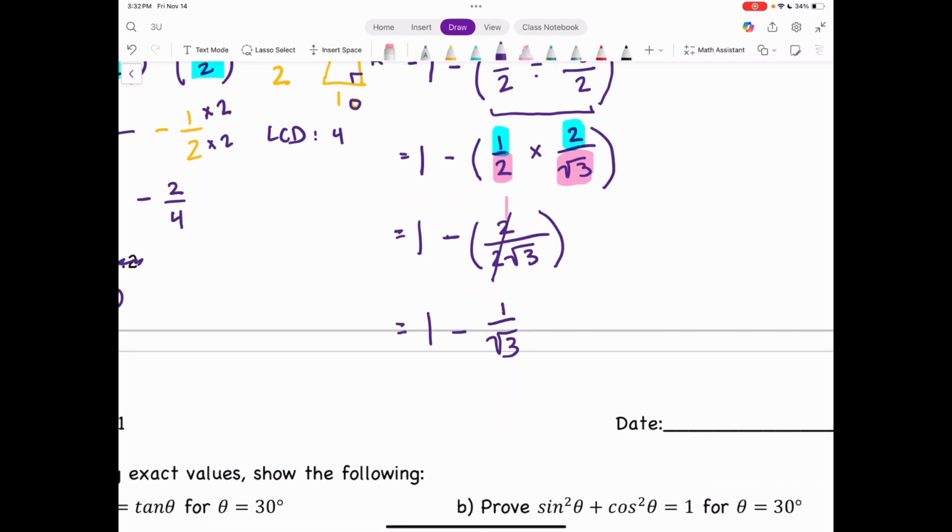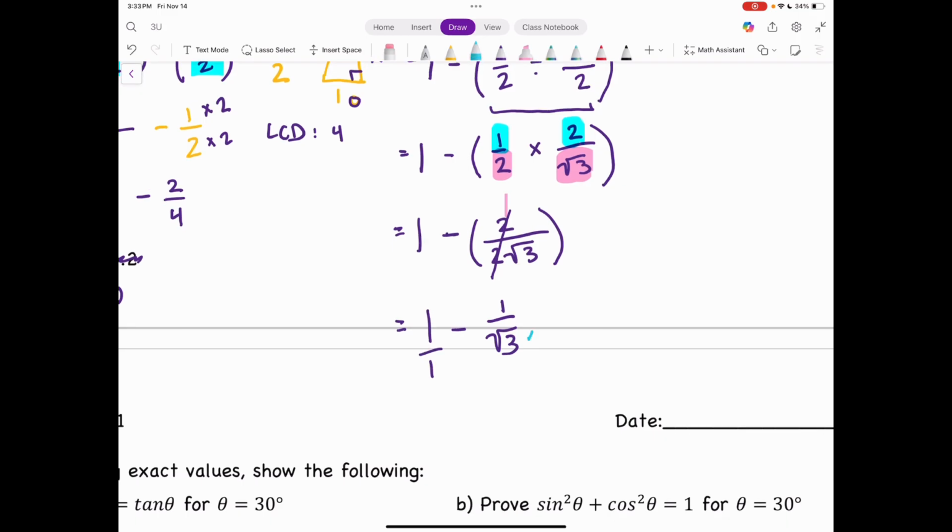Now to completely simplify this, we need to put our 1 over 1. We can rewrite this so that there is no square root in the denominator. So that will leave us with the square root of 3 as our numerator and just 3 as our denominator.